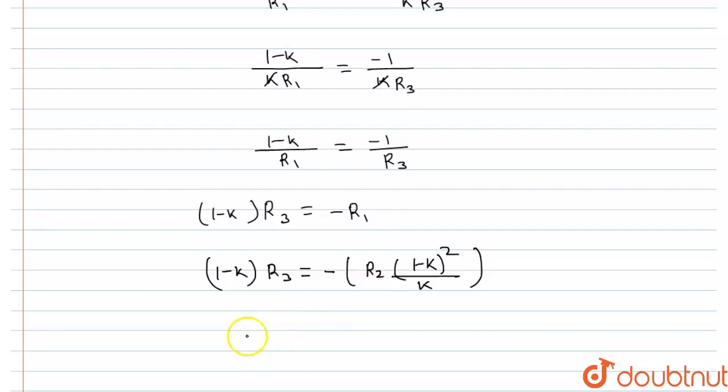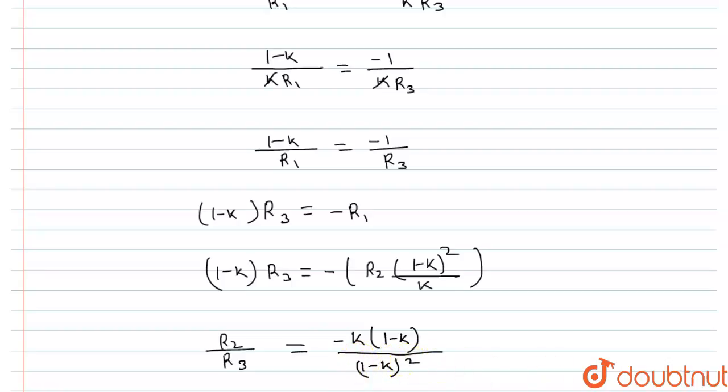So from here we have to find the R2 by R3 ratio. So R2 divided by R3 is equal to, we can see from here, k into 1 minus k divided by, a minus is also here, 1 minus k whole square.